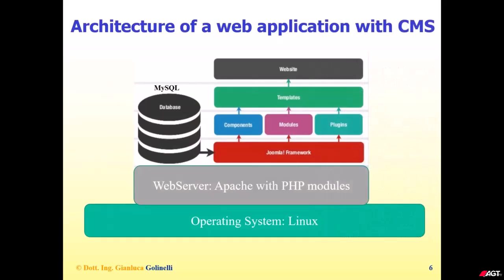This slide shows the typical architecture of CMS, content management systems, such as WordPress, Joomla, or Drupal, to underline the fact that the security of layered architecture is linked to the security of every single component of the architecture. Successful attacks always exploit vulnerabilities of weaker components.